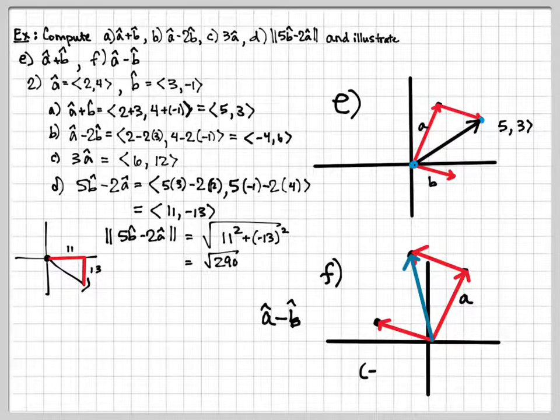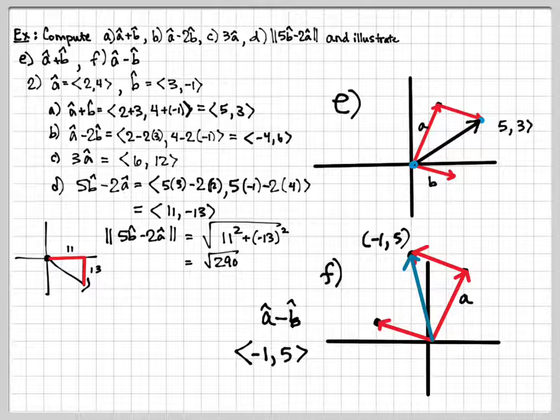It looks like it's -1, 5. That's where it's ending. So the actual vector here, if we wanted to write it down, is -1, 5. Okay, cool. So remember, there's no such thing as subtraction.